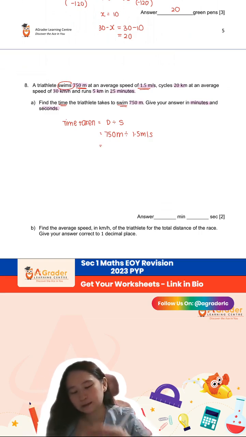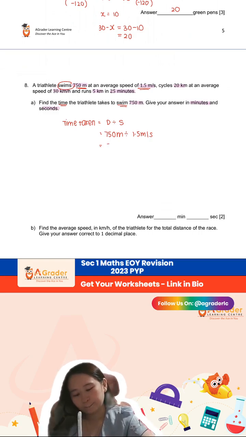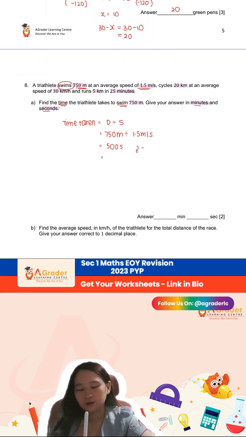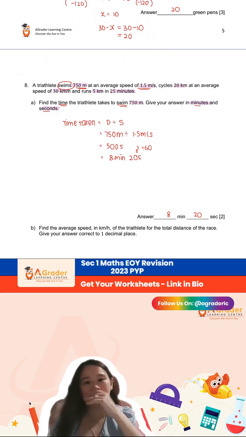Looking at the units, you know that the answer is in terms of seconds. So you get 500 seconds, and then when you convert it to minutes and seconds, you divide by 60 to find the number of minutes, and the remainder will be your seconds. So you should get 8 minutes 20 seconds.